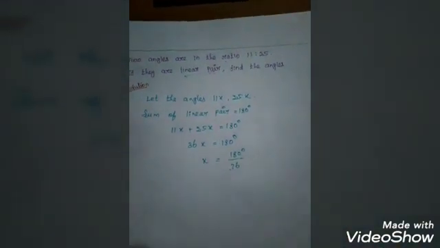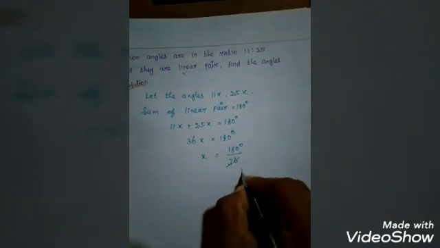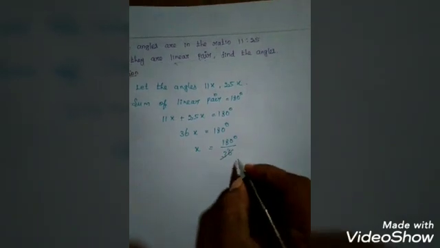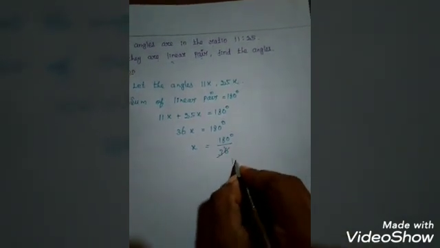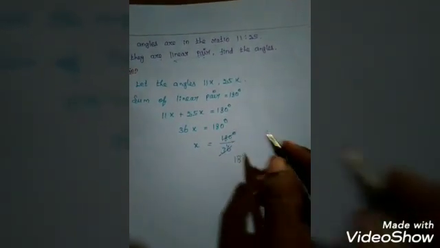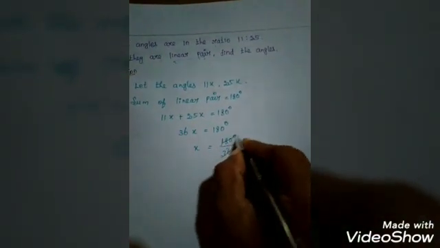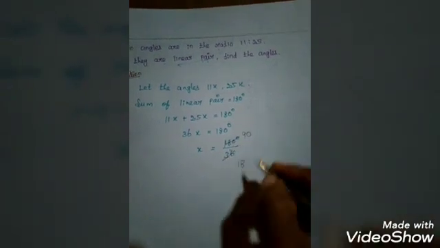Cancel using the 2 table. 1 two is 2, balance 1. Here 16: how many 2s are 16? 8 twos are 16. Here also cancel the 2 table. 1 is not divisible by 2, so take 18. 9 twos are 18, and this is 0.